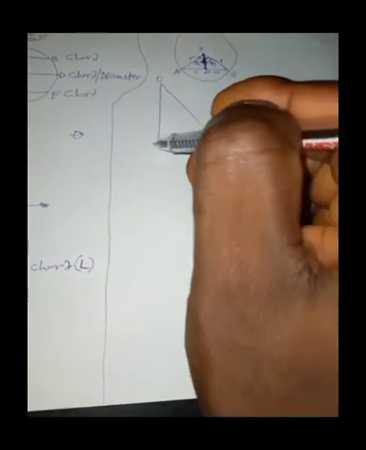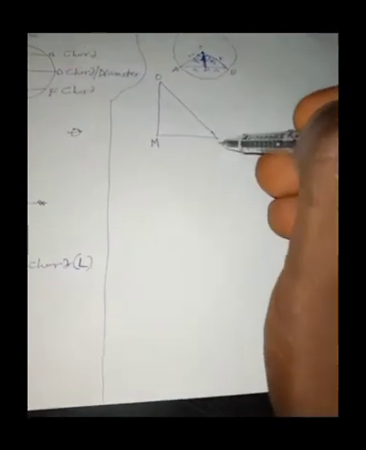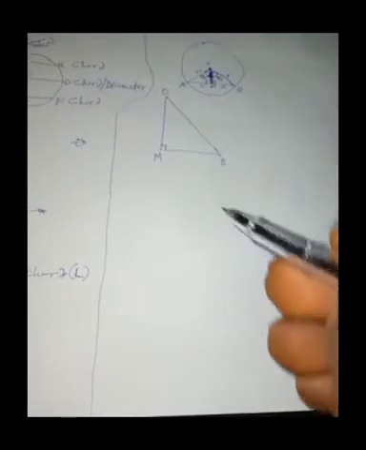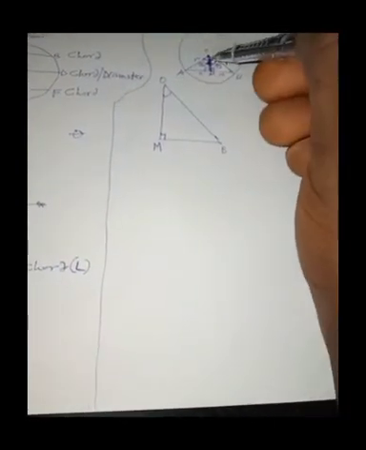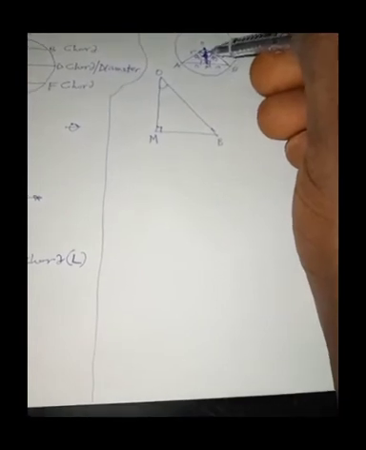This is O, which represents the center of the circle. This point is M, and this is B. The same thing applies to this other triangle. Then this is the right angle, that is 90 degrees. Then this angle is half of the angle that we have here.